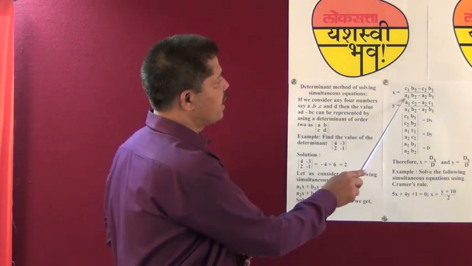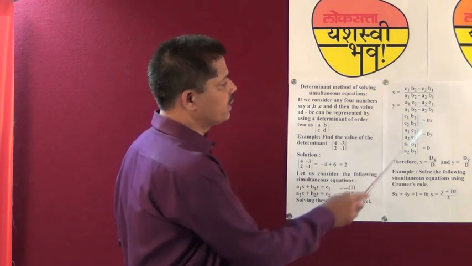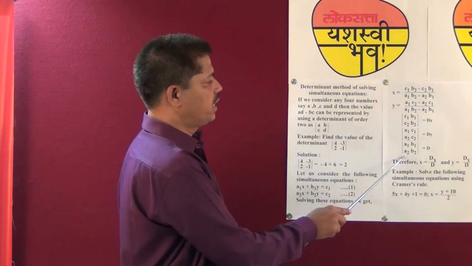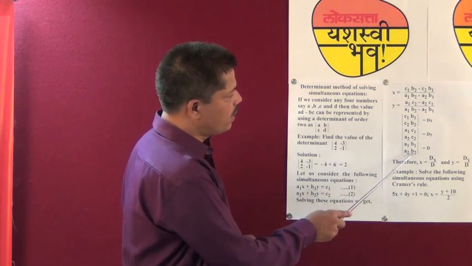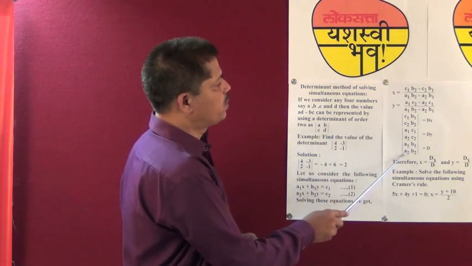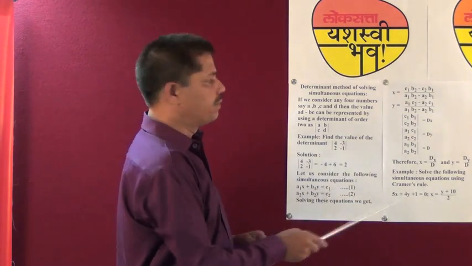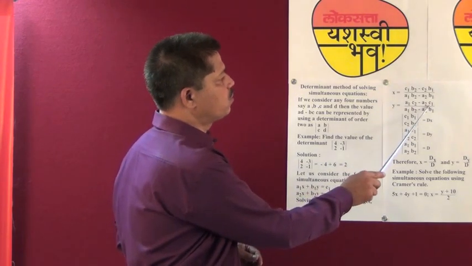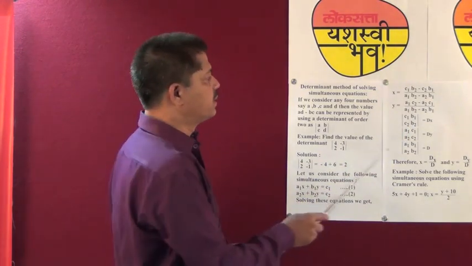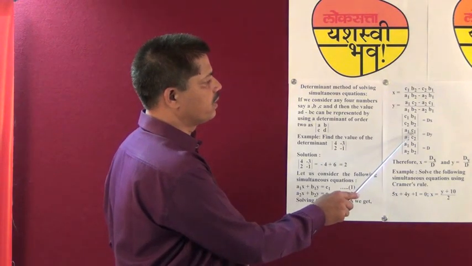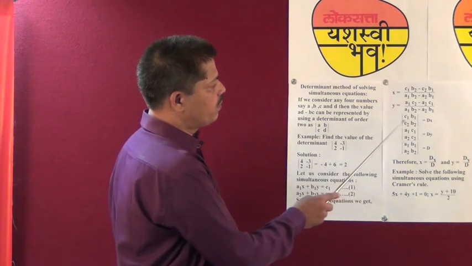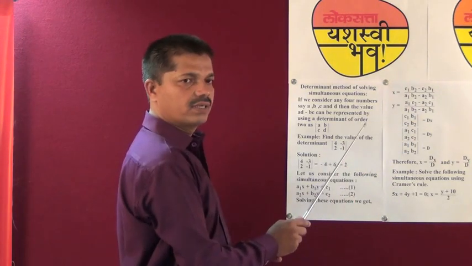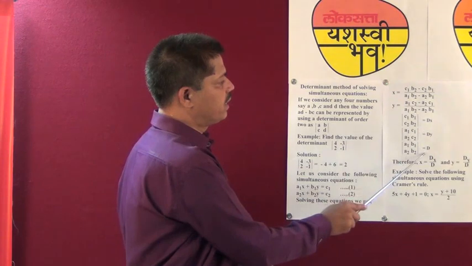The denominator a1b2 minus a2b1 can be expressed in determinant form by using a1, b1, a2, b2, whose value is a1b2 minus a2b1. Similarly, the numerator of y, a1c2 minus a2c1, can be expressed in determinant form as a1, c1, a2, c2, where the denominator is as it is, that is d.